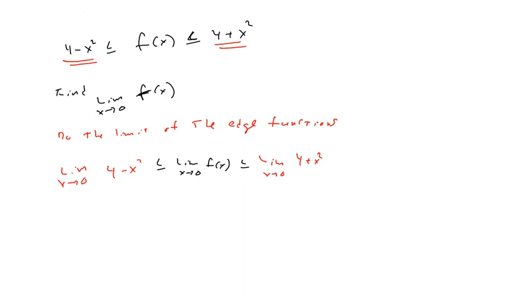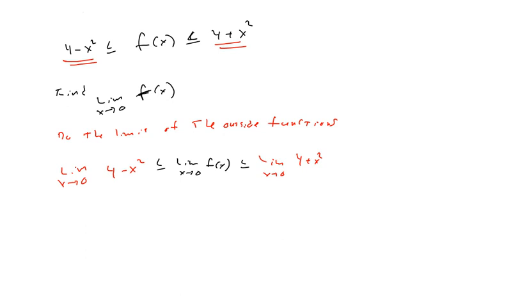So I'm doing the limits of the ones I know. Test the outer ones. If they're the same, you know the middle one has to be the same too. Maybe we say instead of edge, we say outside. Do the limits of the outside functions. And if they're the same, then we know we have the squeeze theorem.